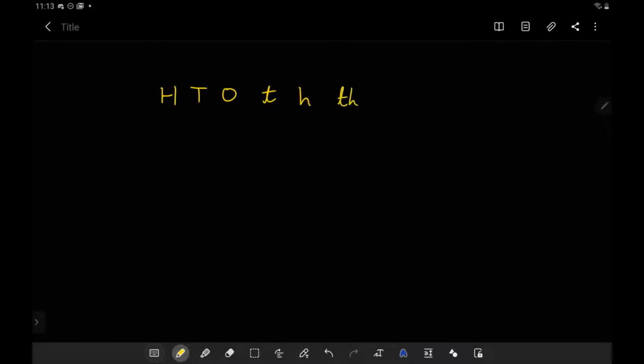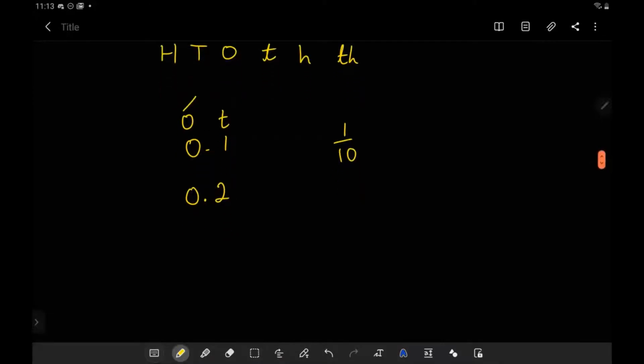So 0.1 is 0 ones and 1/10, which can be written as 1 over 10. And 0.2 is 0 ones and 2/10, which can be written as 2 over 10.